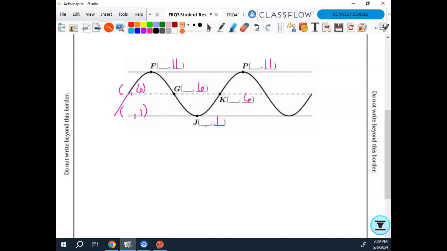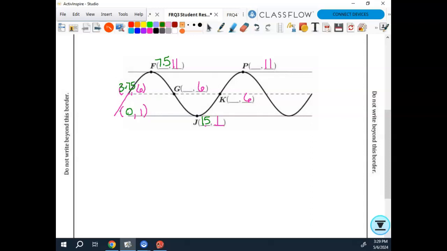Nobody asked me for those, but those help me, so I'm writing them down. Here's my 0, 1. I know that it's going to take 15 seconds for me to get back to being 1 foot away. So this is 15. Which makes this 7.5, because that's half of that, makes this 3.75.